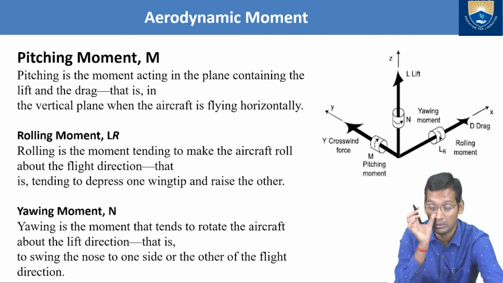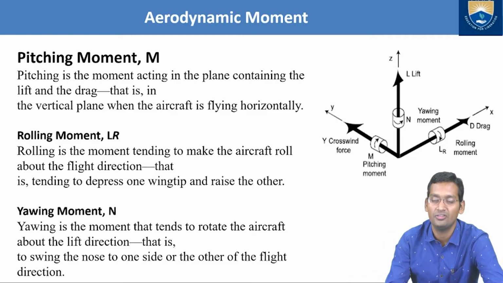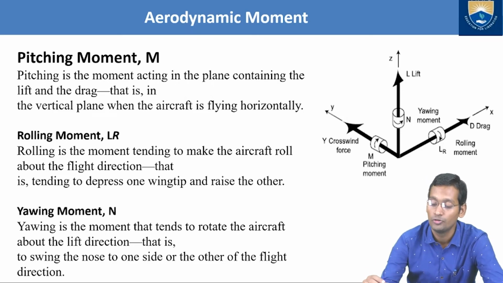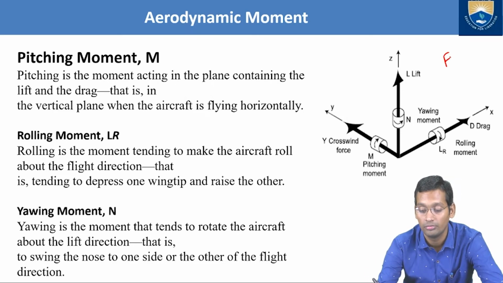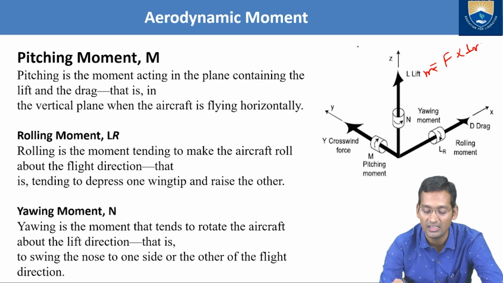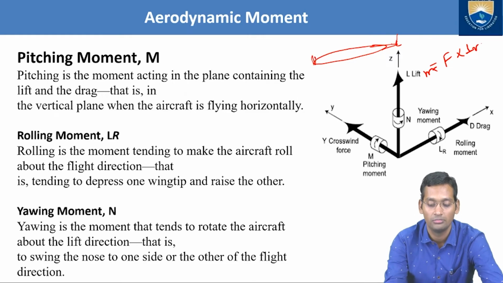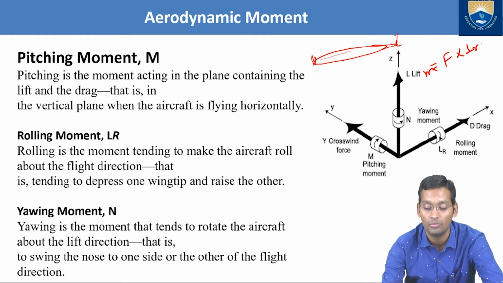Now aerodynamic moments. When the force is there, definitely from the force, at what point it's exerting, moment will be there, right? So moment is force into perpendicular distance, that is the moment. So wherever the force will act, suppose if force will act here, then from here to till where, definitely that much moment will be there.